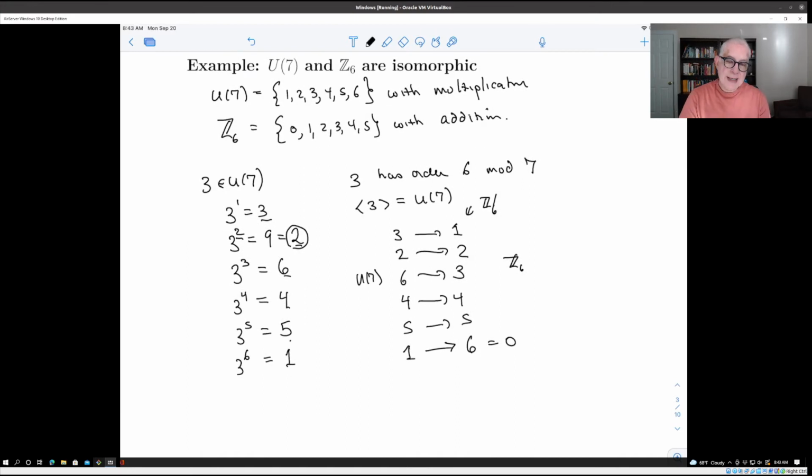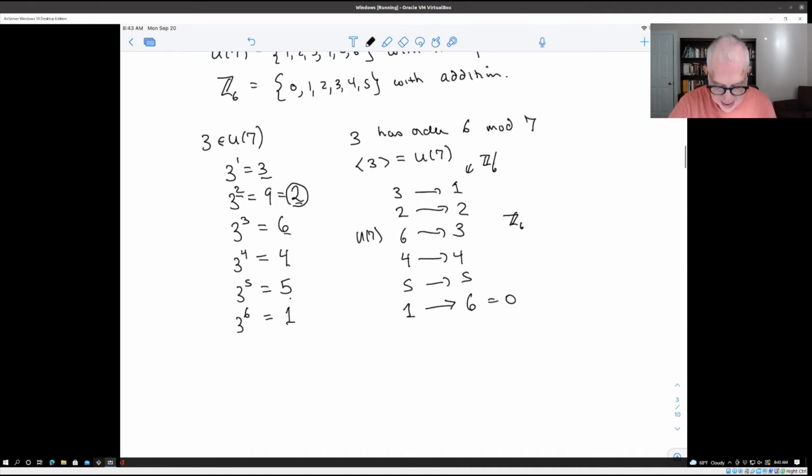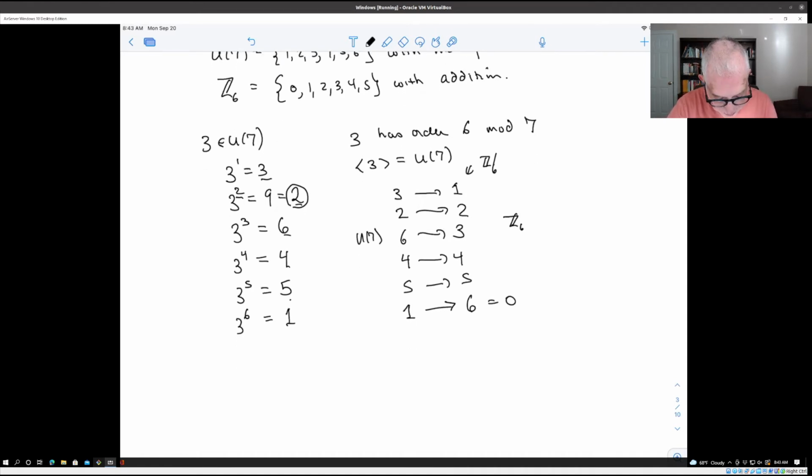And why is this an isomorphism? Well, because of the same property that we used with exponents. So let's, for example, look at what happens when we multiply 6 times 4. We'll do f of 6 times 4.